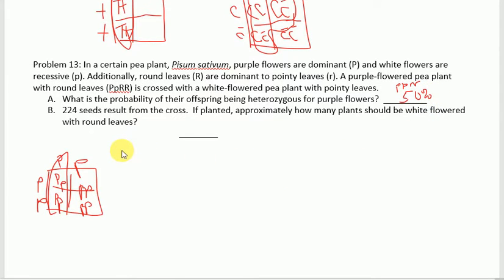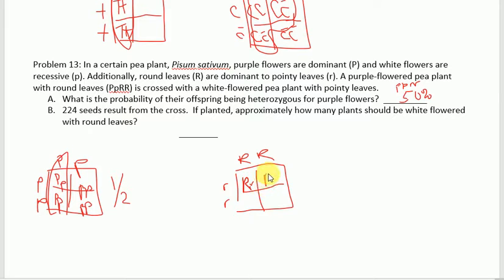Okay, so for B, 224 seeds result from the cross. If planted, approximately how many plants should be white flowered with round leaves? Okay, so we already know that half of them are going to be white, right? So now we need to do the cross of the leaves. So we know that our purple flower is dominant, big R, and our white flower is recessive.